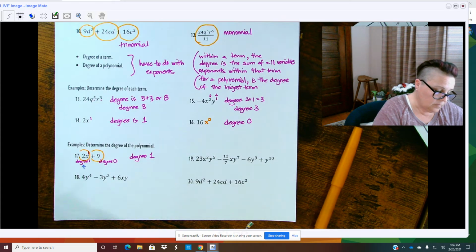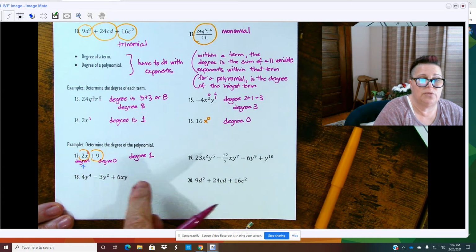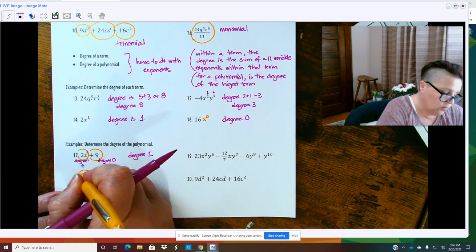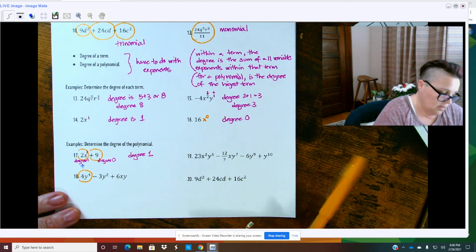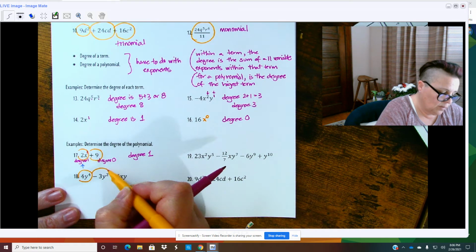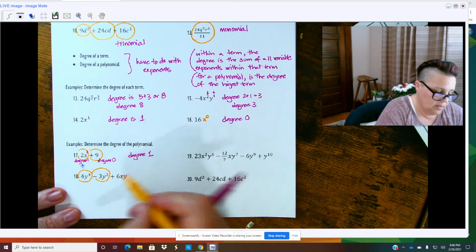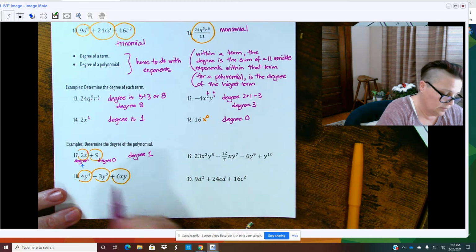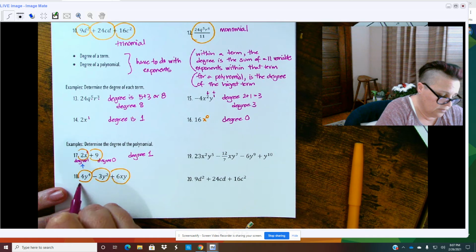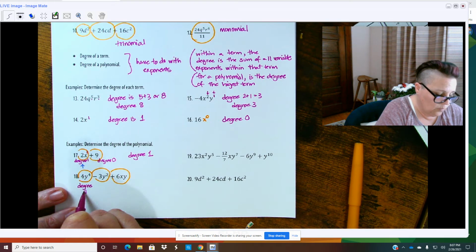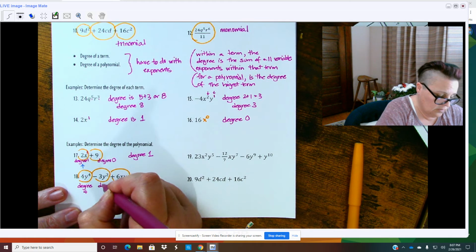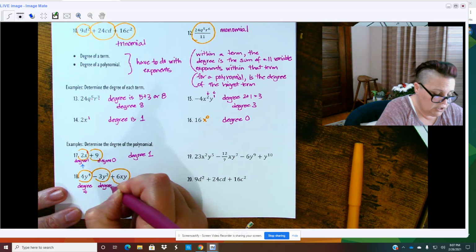Let's try another one. Okay. Problem number 18 has 1, 2, 3 terms. So if we look at the first term, we have 4y to the 4th. The second term would be a negative 3y squared. And the third term would be 6xy. There's my 3 terms. 4y to the 4th, we're only looking at the variables, is degree 4. 3y squared would be degree 2.